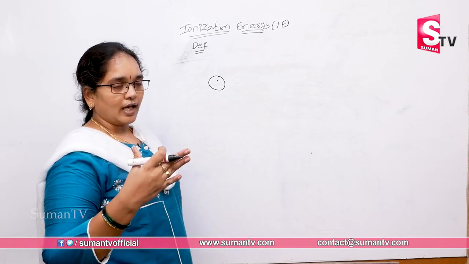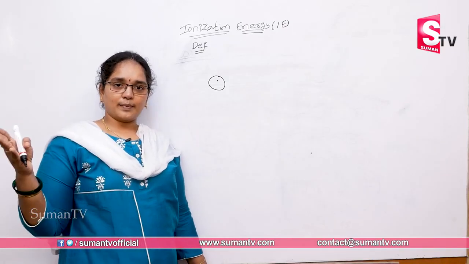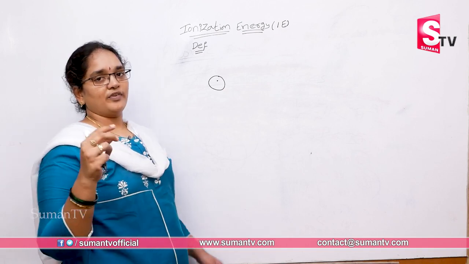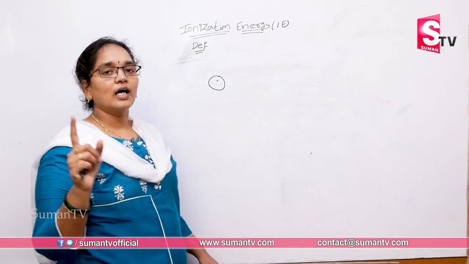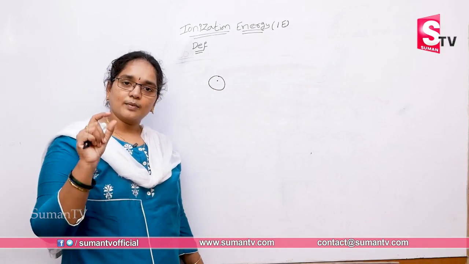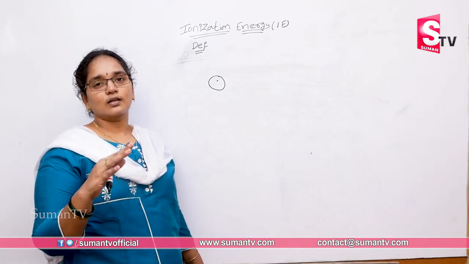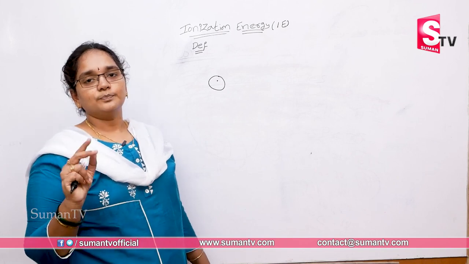That's why isolated, gaseous. Isolated means separated. And neutral: we have to remove the electron from a neutral atom. When it is in the atomic state, it's neutral. If it loses or gains an electron, it becomes an ion.